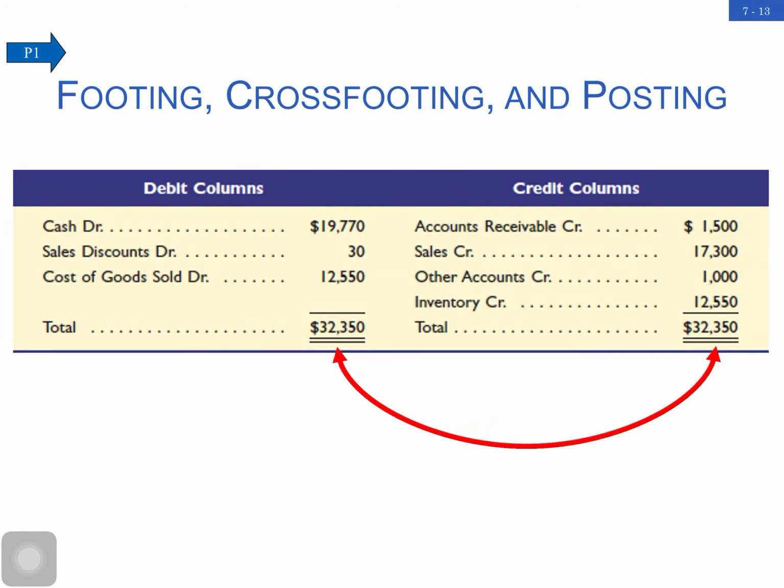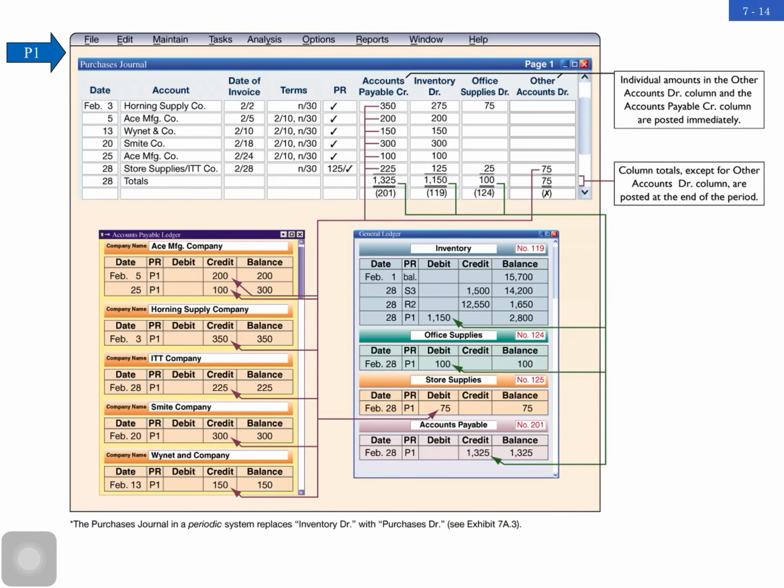Next one is the purchase journal. The purchase journal is all about purchases on credit. If you buy something on credit, you need to record it in the purchase journal.